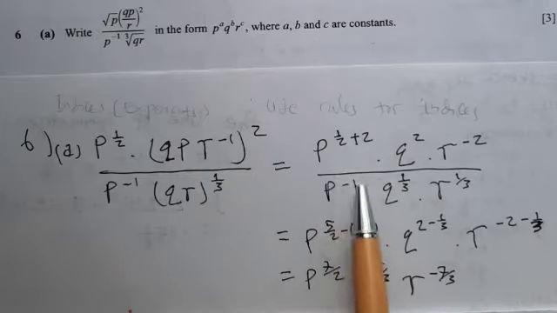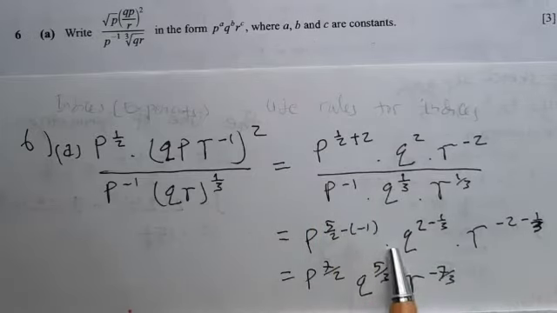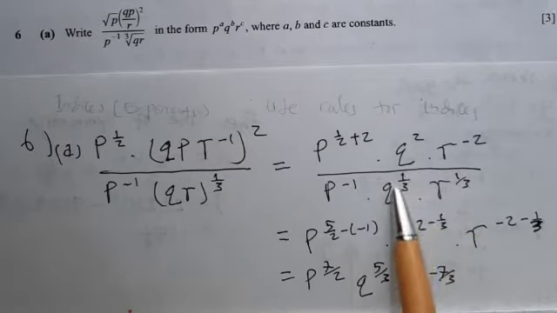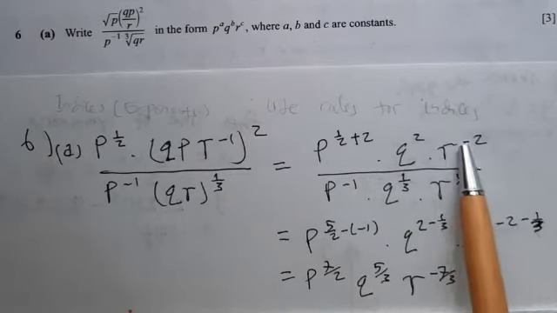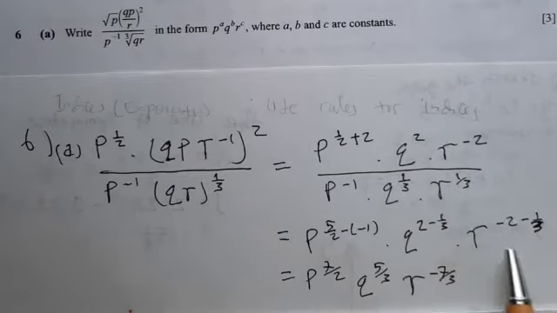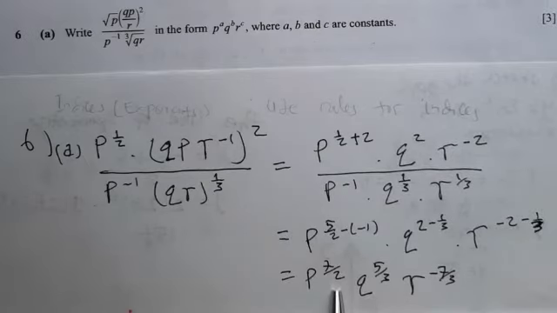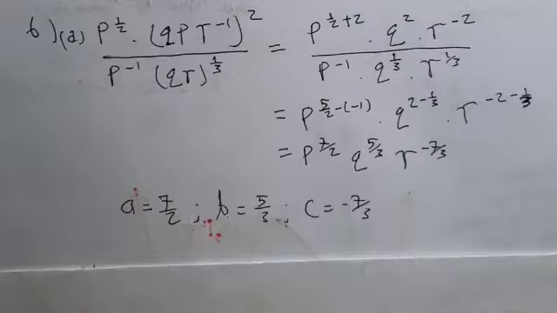Now q power 2 minus 1 over 3, and r power minus 2 minus 1 over 3. This gives p power 7 over 2 times q power 5 over 3 times r power minus 7 over 3. Thus we obtain a equals 7 over 2, b equals 5 over 3, and c equals minus 7 over 3.